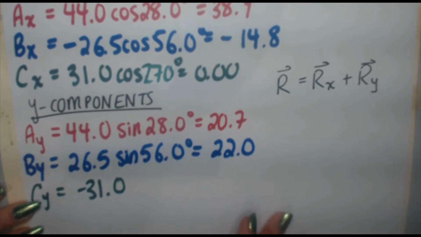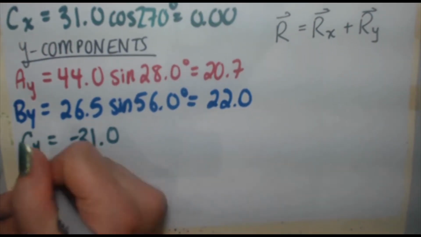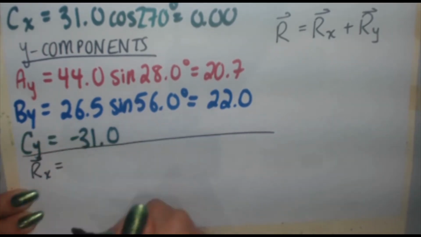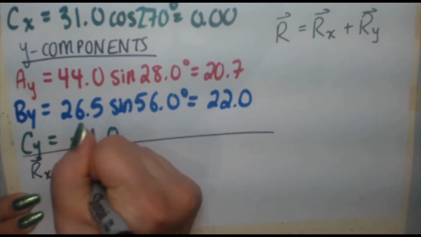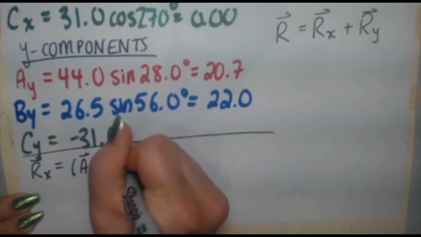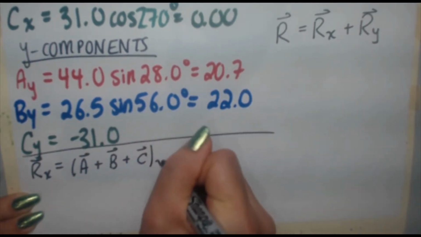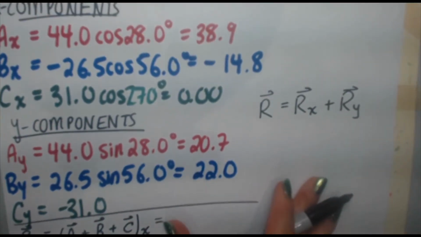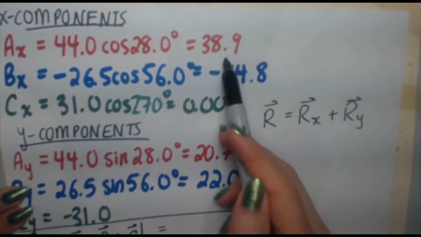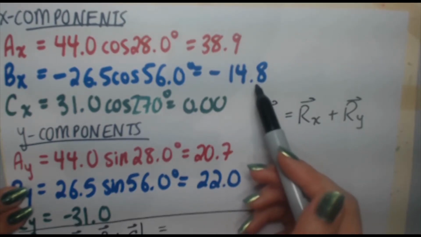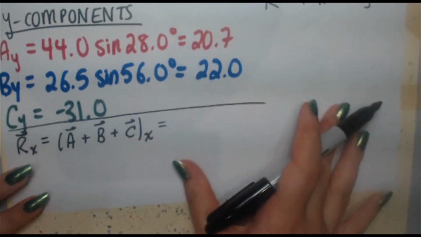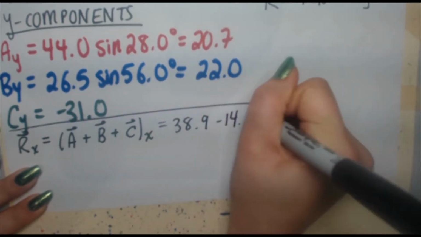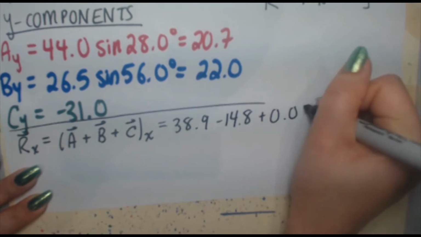So going ahead and doing the resultant for the X first, so let me just draw a line there. So resultant in the X direction, essentially what we're doing is we're adding vector A, vector B, and vector C all in the X direction. So that means we're going to do 38.9 minus 14.8 plus 0.